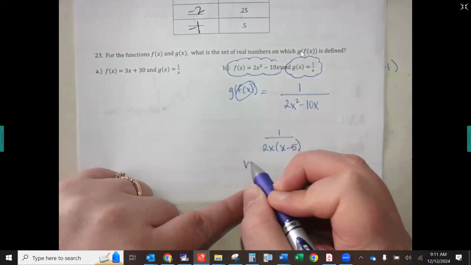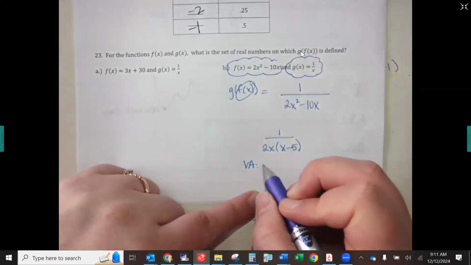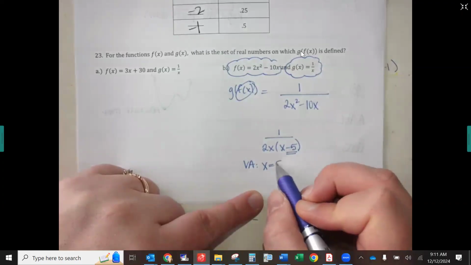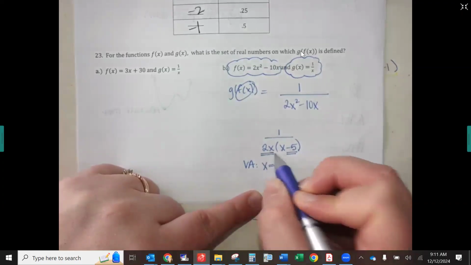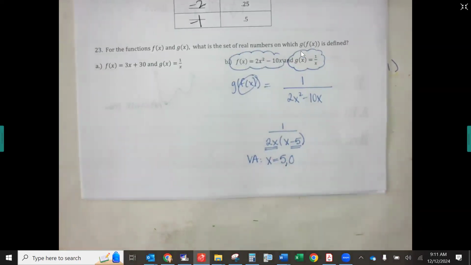Which means that I have vertical asymptotes at what numbers? If I have an X minus 5 in parentheses, where's my asymptote? It's a minus 5 here, so it would be positive 5. And then do you remember for an X on the outside what the solution is? 0. Very good.